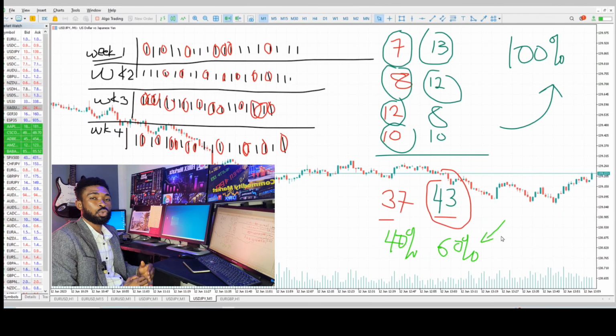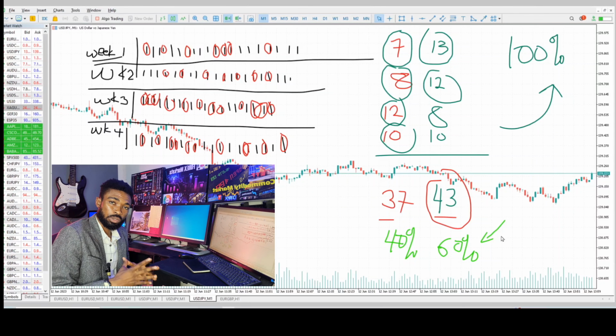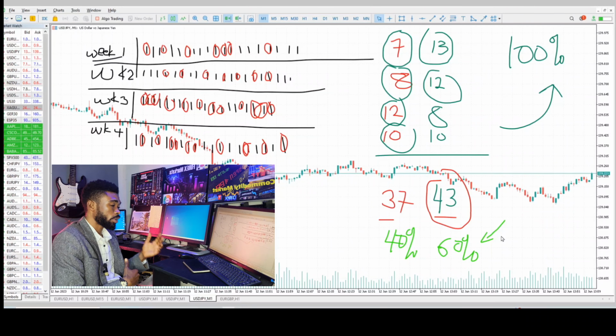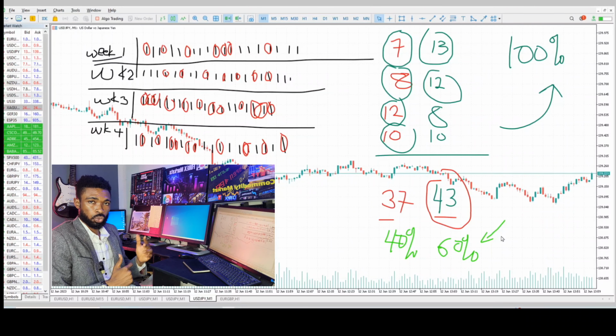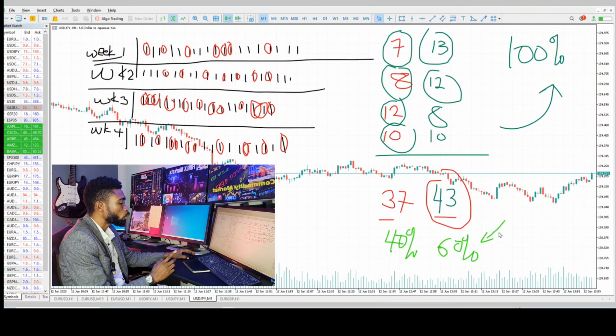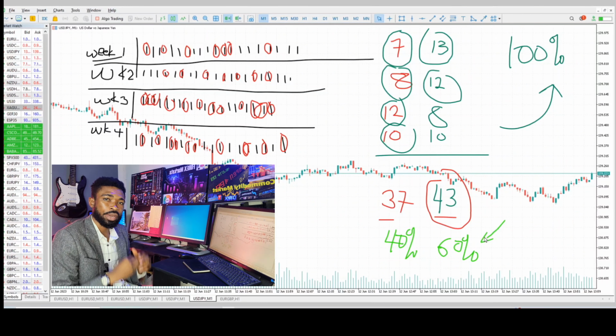So let's say anytime you lose $50, and when you gain $100, which means your risk reward is 1:2. If you have a 60% win rate and your risk reward is 1:2, then you're going to become very, very profitable.